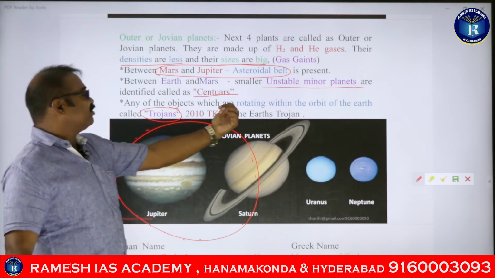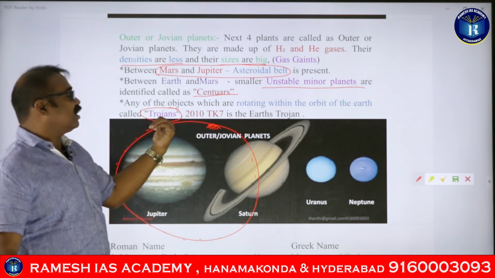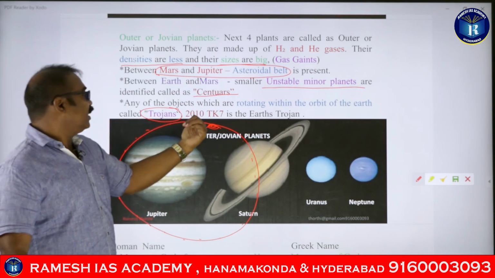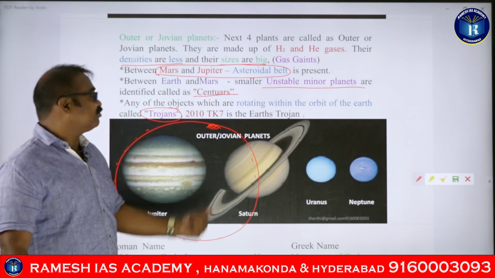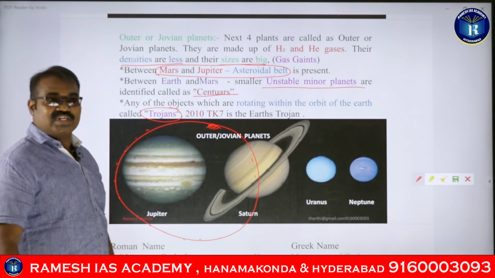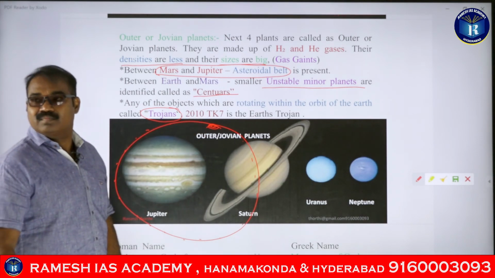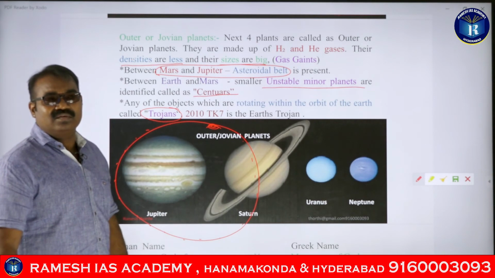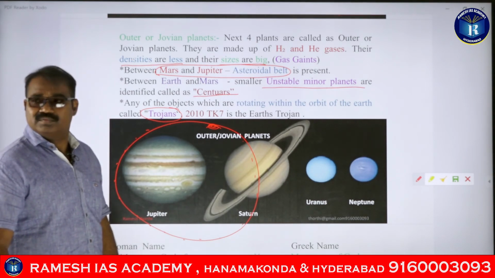Any object which is rotating within the orbit of the Earth is called a Trojan, right. From 2010 they have been discovering several Trojans, guys. The first discovered one was 2010 TK7, and thereafter several Trojans have been discovered so far.